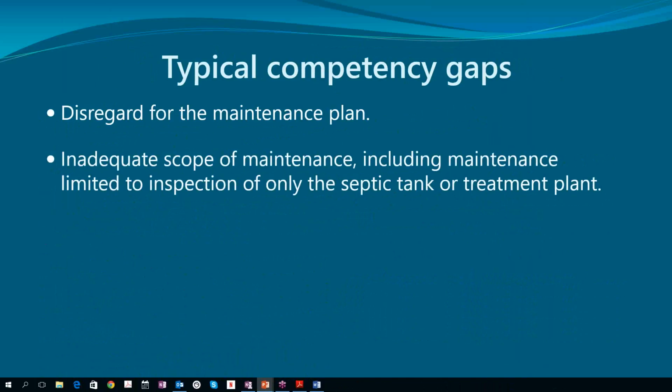Inadequate scope of maintenance, including just the septic tank or the treatment plant. And I realize it's repetitive if you've been here before, but if that's what you're doing, don't call it maintenance. Call it septic tank pump out or treatment plant service or something like that. Maintenance includes much more than septic tank or treatment plant maintenance.